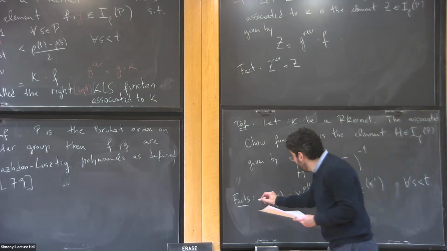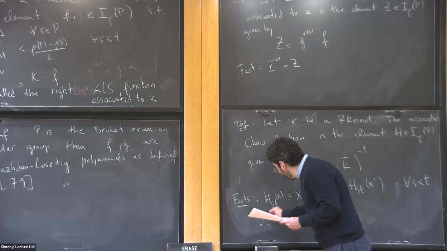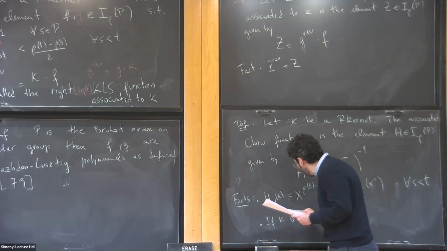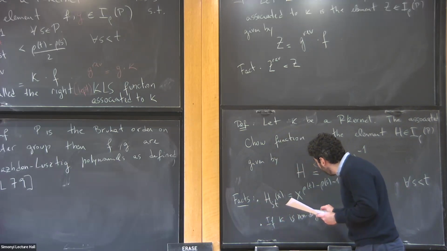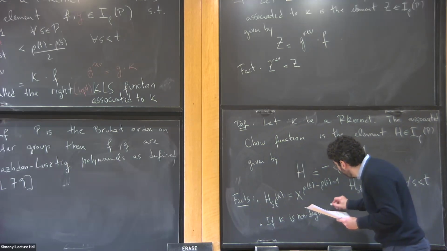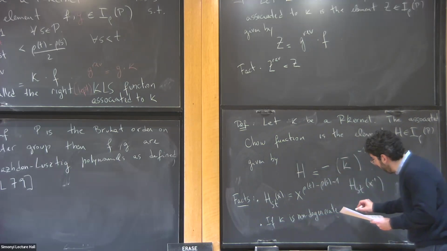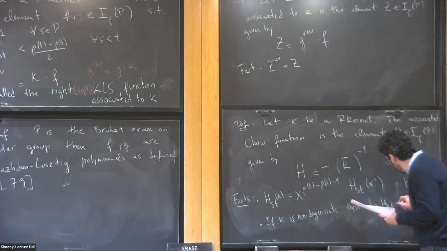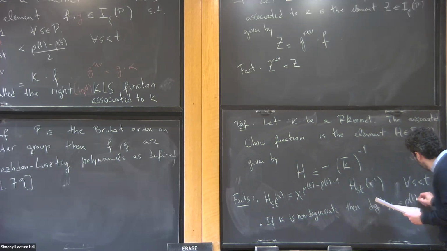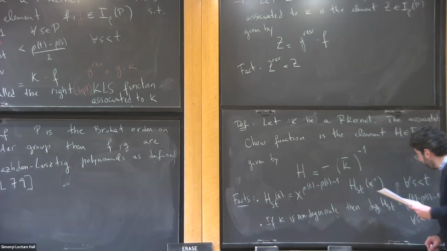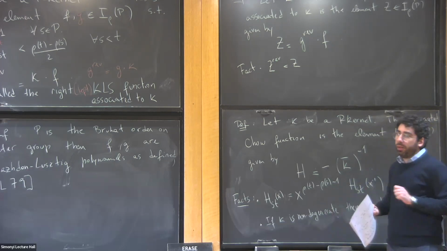And if kappa is non-degenerate, so the degree of kappa in every interval is what it should be, then the degree of H_{S,T} is always rho(T) minus rho(S) minus 1 for all S smaller than T. So H_{S,T} has the correct degree and it is palindromic with respect to that degree, provided that kappa is non-degenerate.